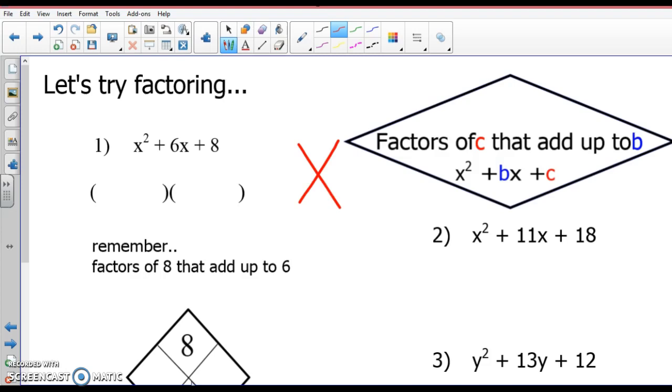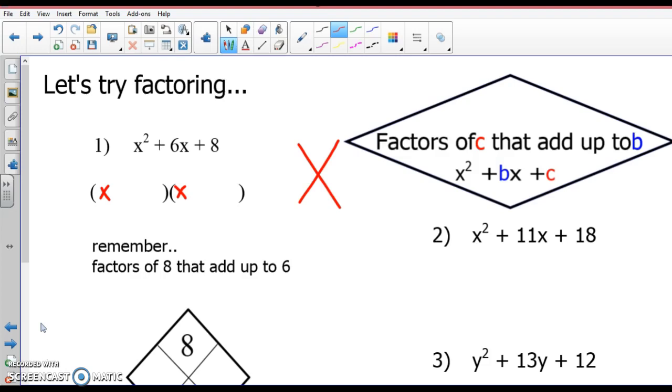But for right now, let's factor. What are the factors of x squared? How does x squared break up? X and x. Isn't that going to be my first? That's why this is easy. Because when this is x squared, your first in your two binomials are going to be x and x.